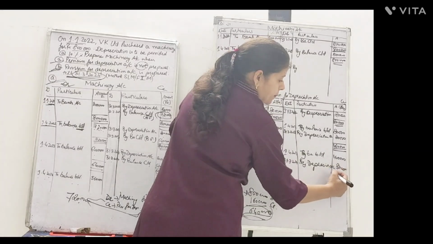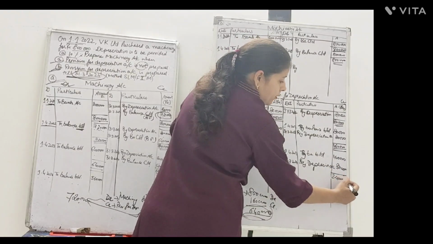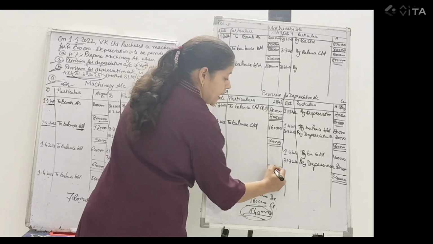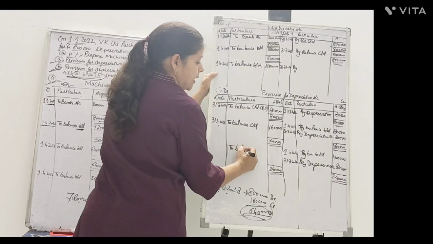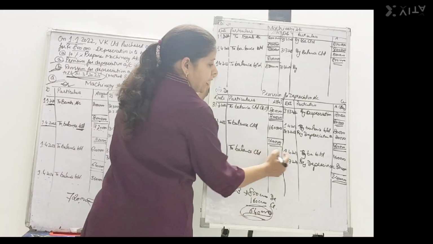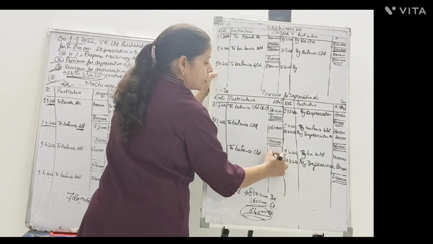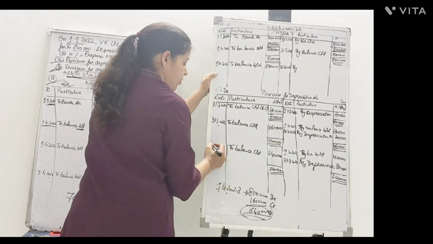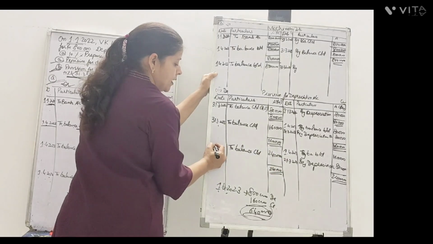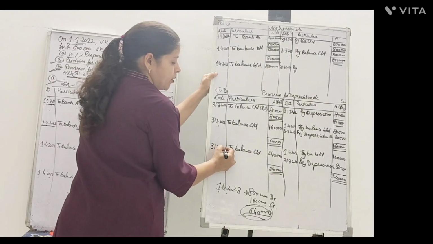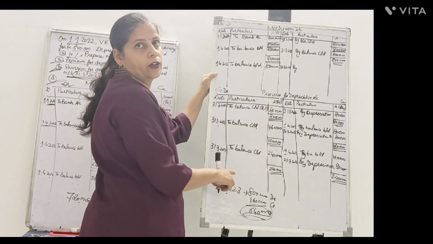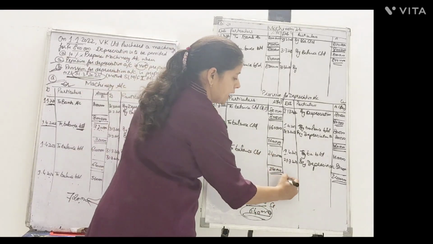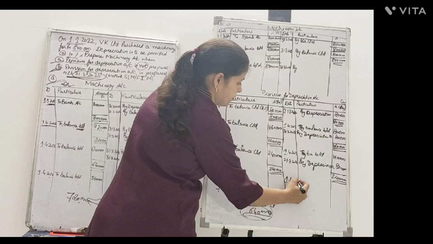So what is the depreciation total here? 2,40,000. Make a balance of your account to balance carried down, because we have a total of 2,40,000. So what is the balance left in provision for depreciation as on 31st March 2024? The total depreciation, 2,40,000. Now we are bringing it forward to 1st of April 2025.